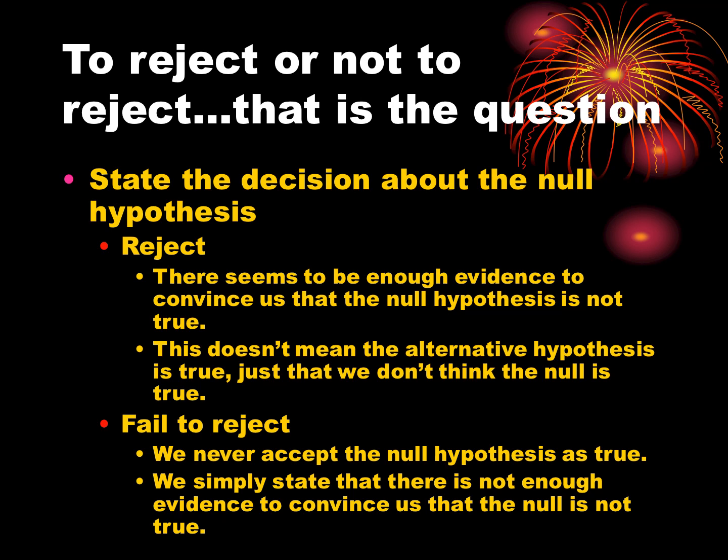If it was going back and forth between cookie, no cookie, you would be like, I have no reason to believe that this isn't a fair deck. When we fail to reject, that's the idea: I don't know for sure, but I have no reason to believe otherwise right now.